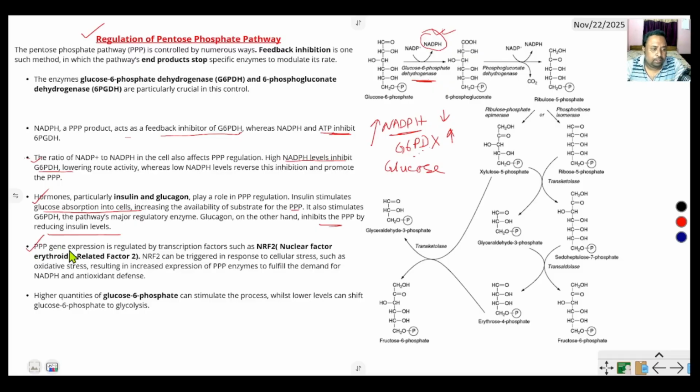The pentose phosphate pathway is also controlled by transcription factors like NRF2, nuclear factor erythroid 2-related factor 2.